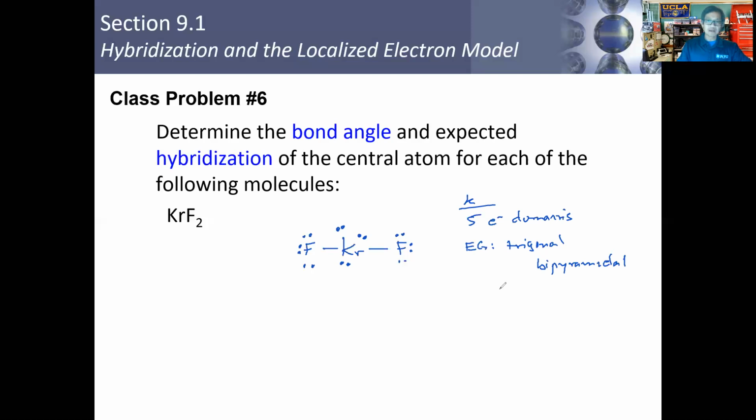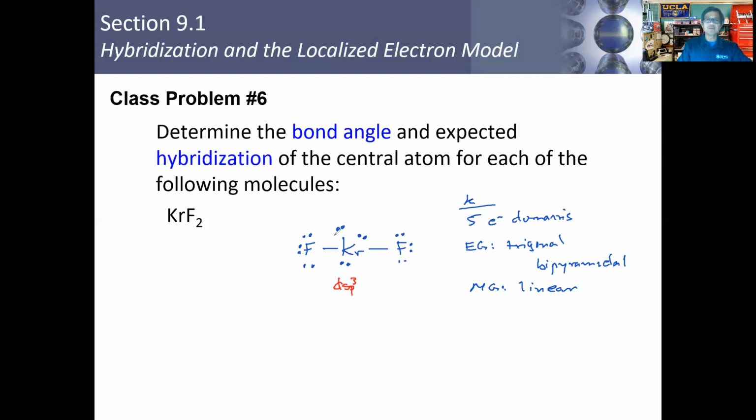I'm sorry, with the molecular geometry, if you're curious before I go on, this is going to be a linear molecular geometry. With a trigonal bipyramidal electron geometry, the hybridization for krypton is going to be dsp3, which provides the 5 that we need.